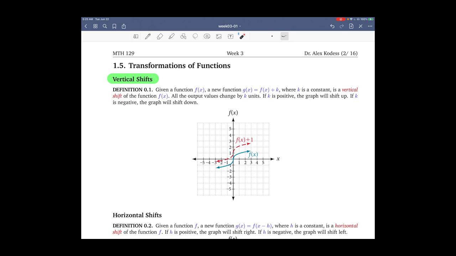If, for example, I wanted to draw the graph of the function f minus 1, it would look like this. F of x minus 1. This is the easiest type of transformations, vertical shifts.